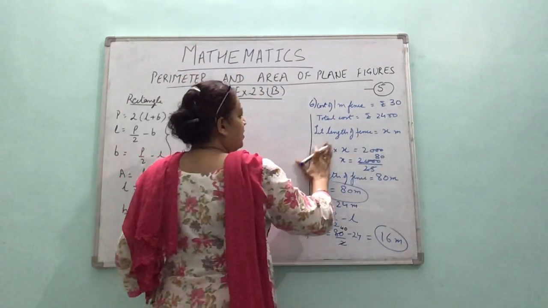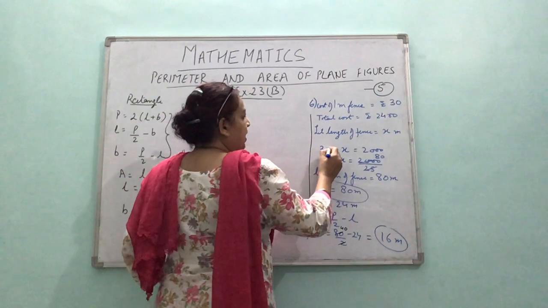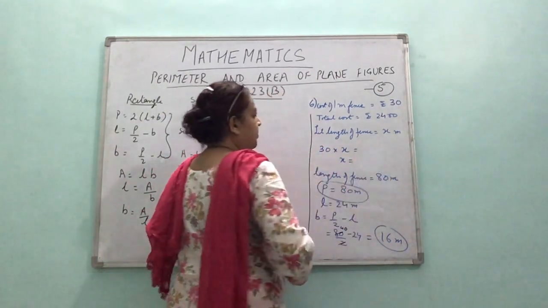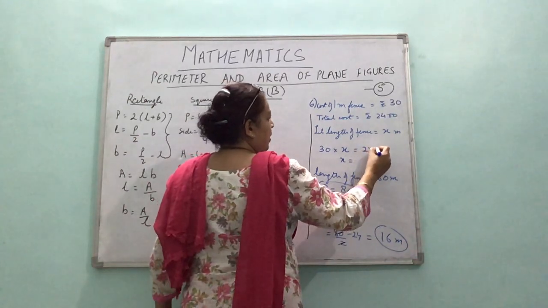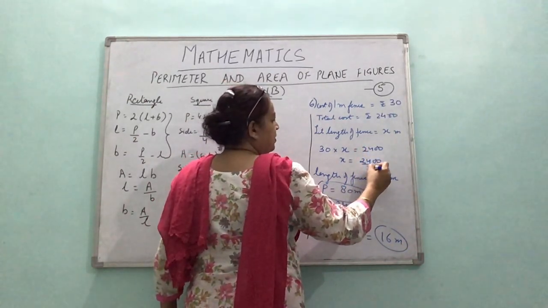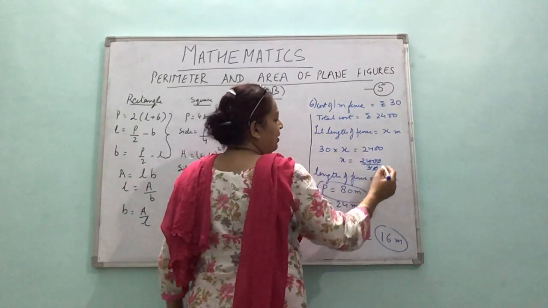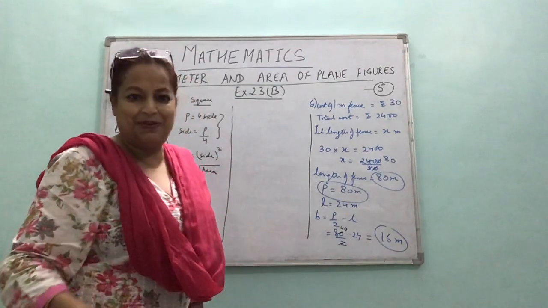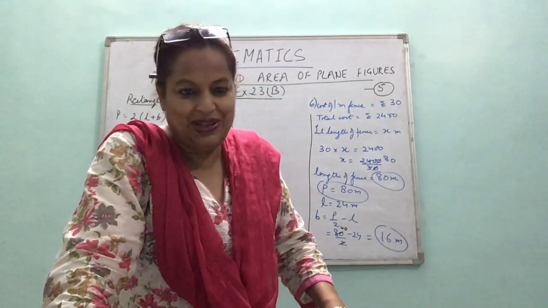So 30 into x should be equal to 2400, or x is equal to 2400 upon 30. Alright children, we get here also 80 meter. Surprising. It is 80 meter.